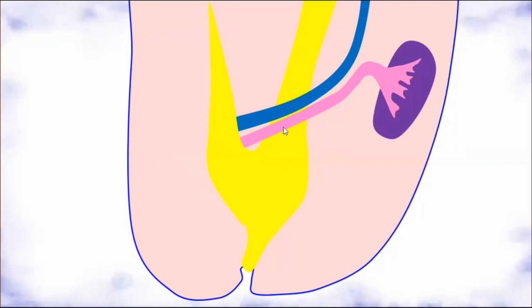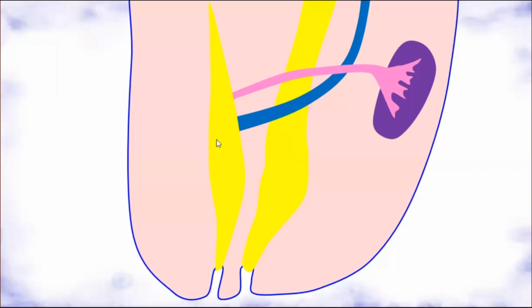So here we can see the final development of the ureter. It's opened into the allantois, into the urogenital sinus, and it's separated from the mesonephric duct. And here we can see that it's going upper, and the mesonephric duct is going lower, and later it will reach the urethra. And here we can see division of the urogenital sinus.